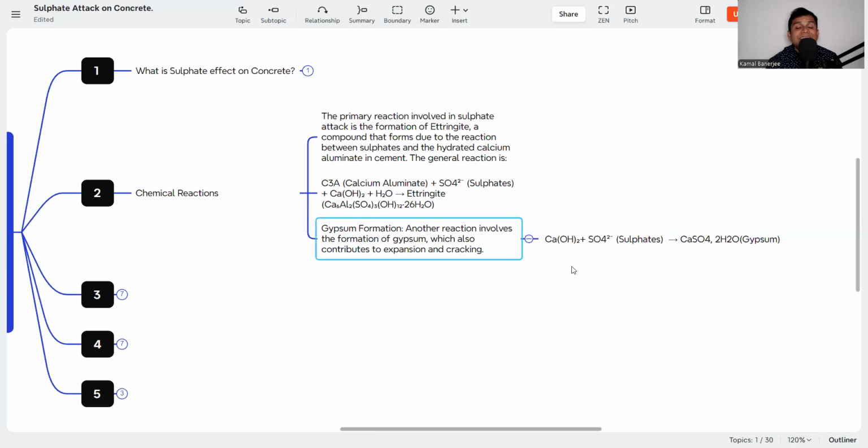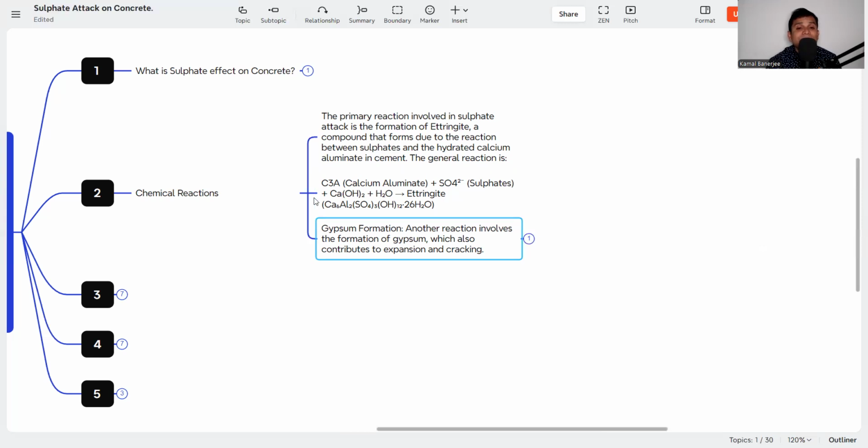So calcium hydroxide plus sulfate ion gives CaSO4·2H2O, that is gypsum. So ettringite can form, and gypsum can also form. Both are expansive, and if they expand, the volume increases inside the concrete, causing expansion and cracking, and if cracking is there, that means our concrete structure's durability is in trouble.